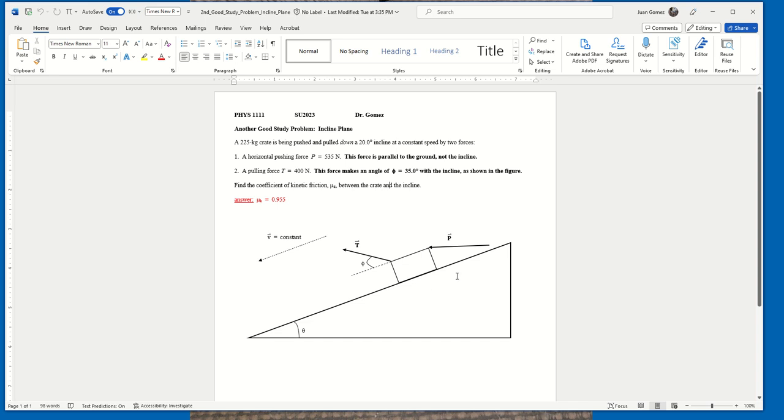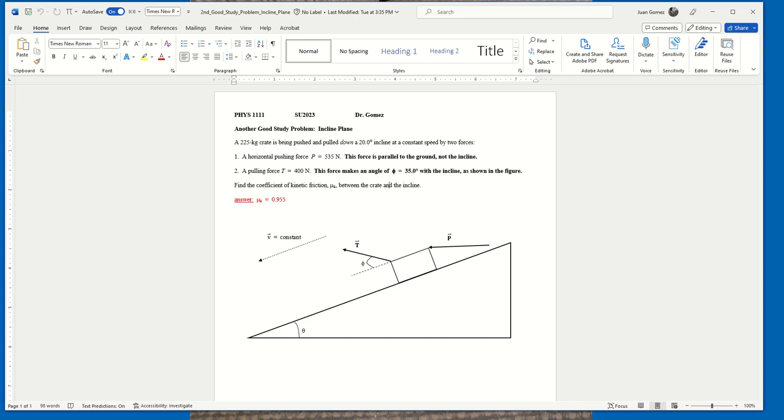And then remember, inclined plane, our x and y axes are defined by the incline and perpendicular to the incline. Just as we resolve mg into its components, we're going to have to resolve the pushing force P into its components, and a third thing, we're going to have to resolve the pulling force T into its components. But not a big deal because we know all the angles.